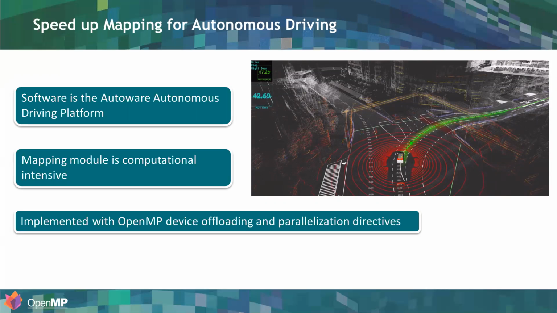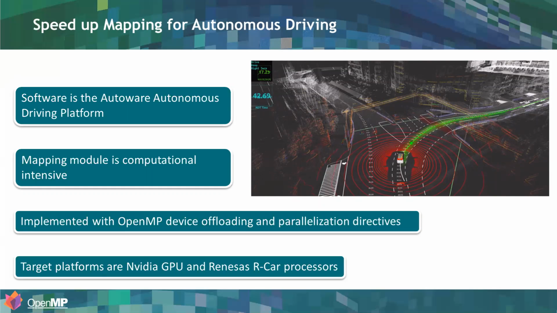So these are embedded systems, and OpenMP is used to offload the computation onto the embedded system and get the data back to the host system, and also to parallelize on the host, which is a shared memory system.